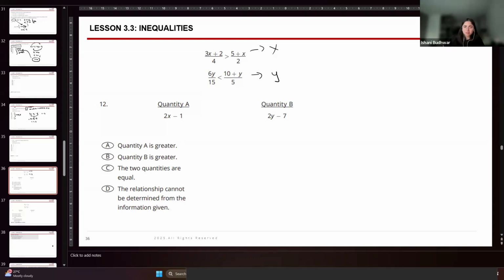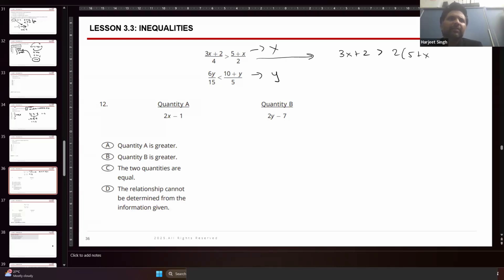You multiply by the LCM, 4, to remove the denominators, remove all the fractions. So multiply both sides by 4, correct? So 3x plus 2 greater than 2 times 5 plus x. So this is greater than 10 plus 2x. This is simple. Take all the x terms together. So x greater than 8.